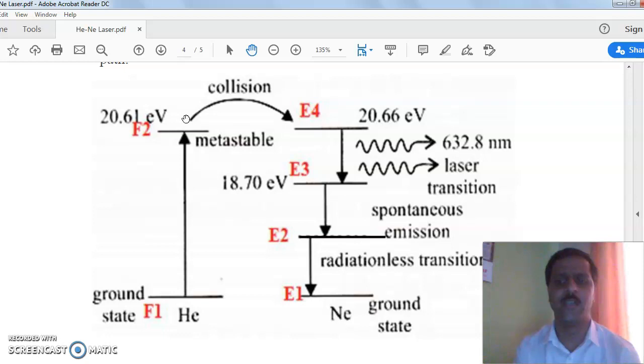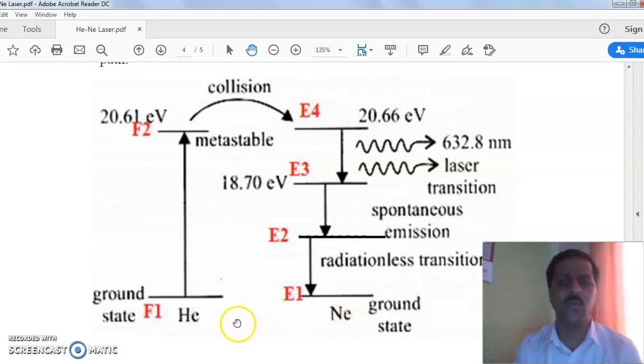Again I repeat, when an electric discharge is produced in a mixture of helium and neon gas, the gas molecules get ionized. Due to ionization, the ions get accelerated. And when ions get accelerated, they collide with the helium or neon atoms.